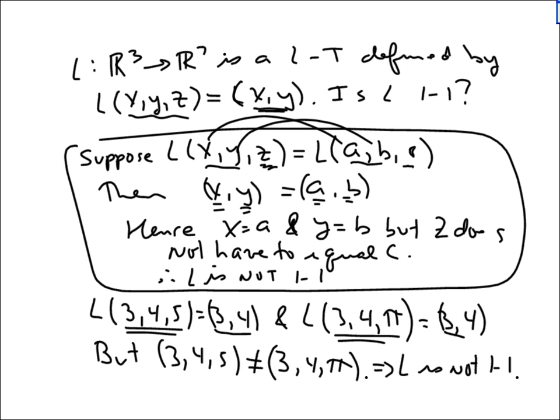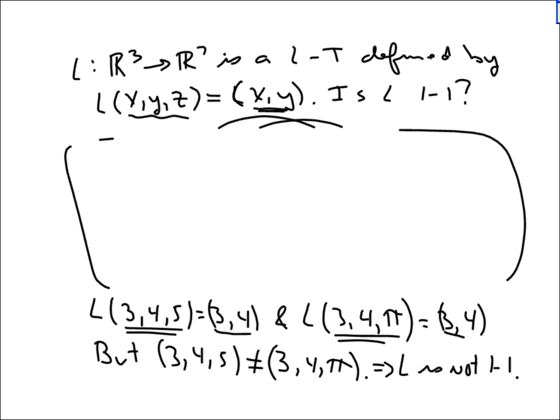You cannot show an example to convince somebody that L is one-to-one. You cannot show it by an example. And I hope the reason is very clear, because the only example you can use to attempt to show that it's one-to-one is to say, look, L of (7, 9, 4) does equal L of (7, 9, 4).